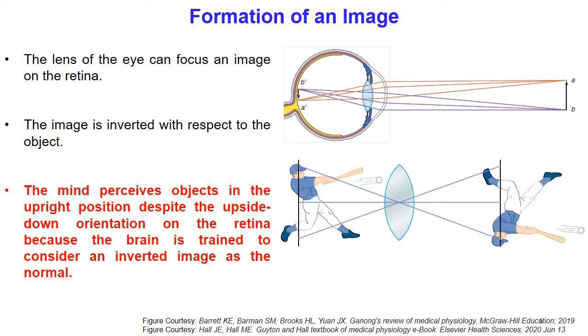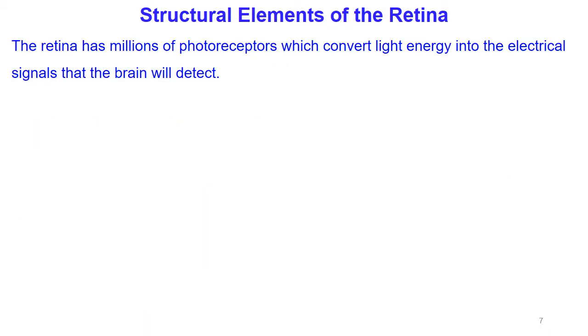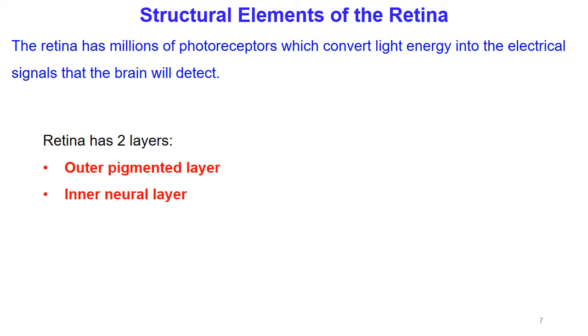The image which is formed on the retina has millions of photoreceptors which convert light energy into the electrical signals that the brain will detect. Before going to the photoreceptors, the retina itself has two layers: the outer pigmented layer and the inner neural layer.